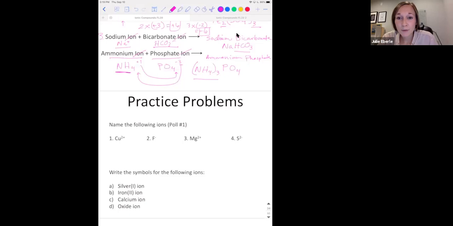You might want a periodic table if you're not super sure on which things are transition metals and which ones are main groups.